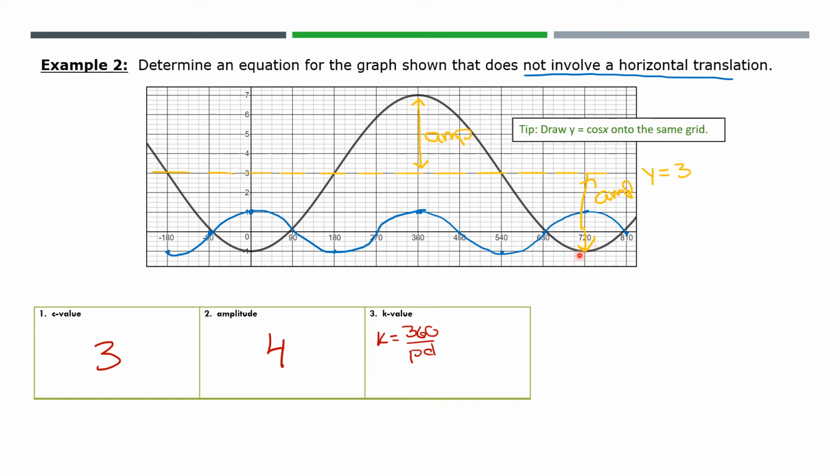Or you could do max to max, but I only have one max here, so I don't know where the other one is. So from this minimum to this minimum is how many units? And that's pretty clear to see because this minimum is at 0 and this minimum is at 720. So my period is going to be 720. So K is equal to 360 over 720. So my K value is 1/2, fraction not decimal.